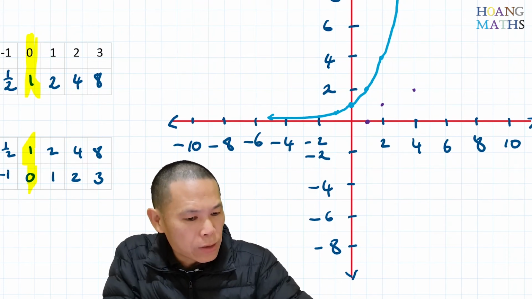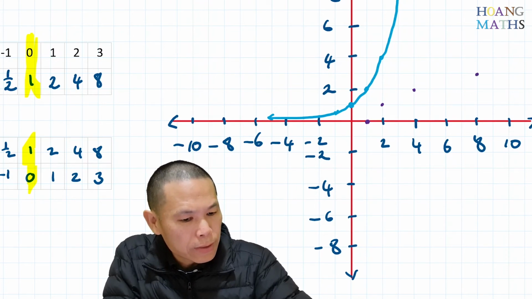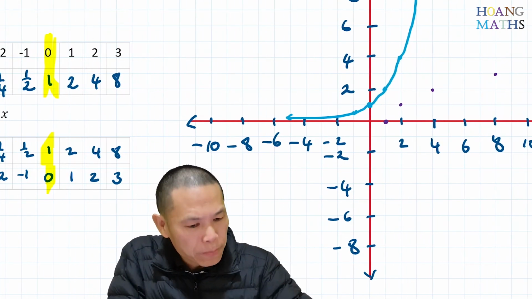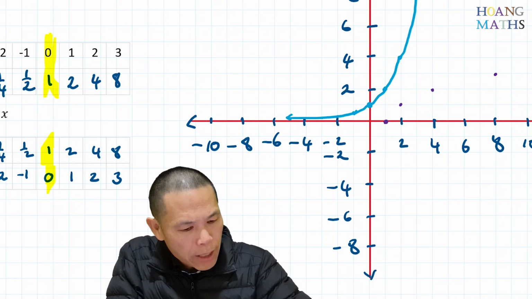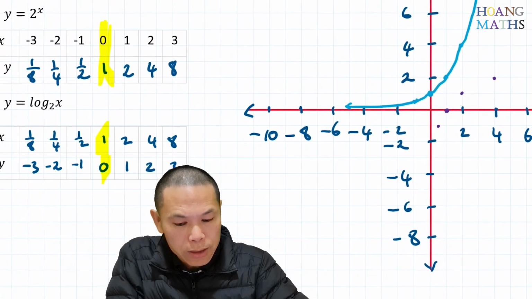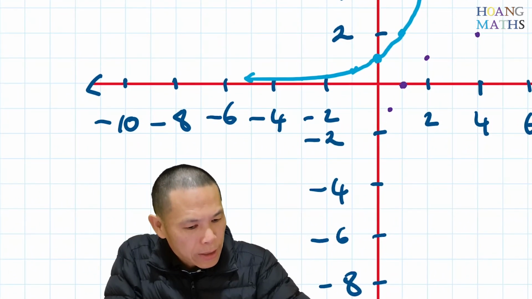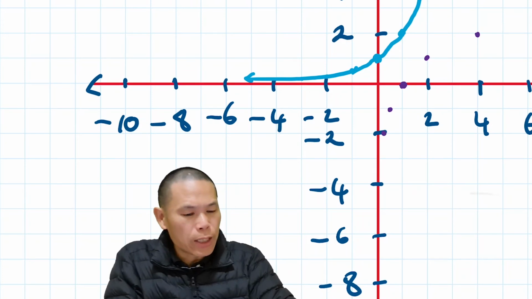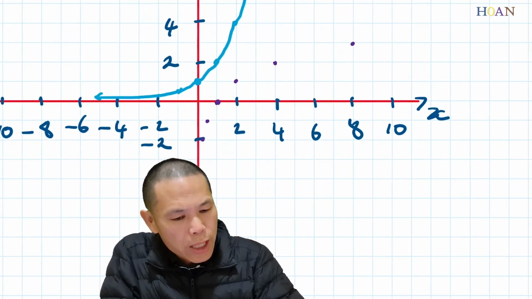And 8 is 3. There you go. 8, 3. And then we go here. A half is negative 1. So x is a half, y equals negative 1. So half of that. And then negative 2 is a quarter for x. So keep something like that. Okay? Somewhere here. So now we just join them together.